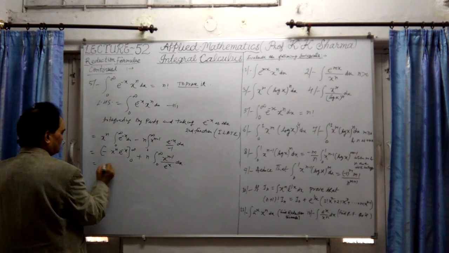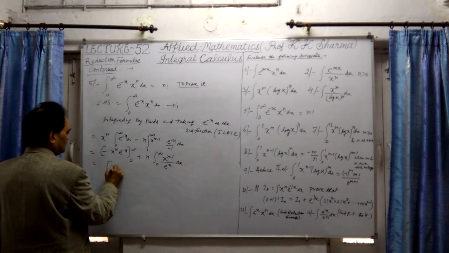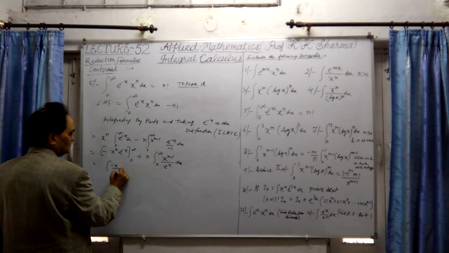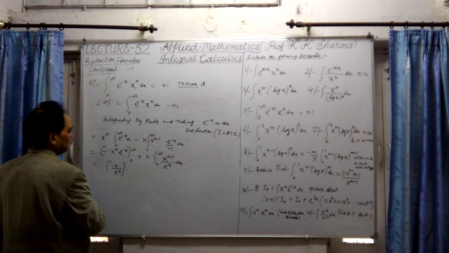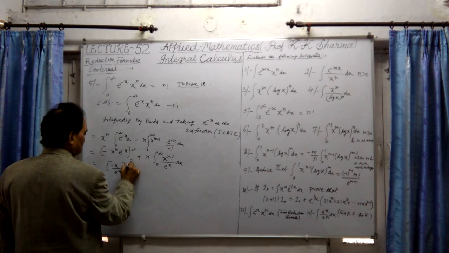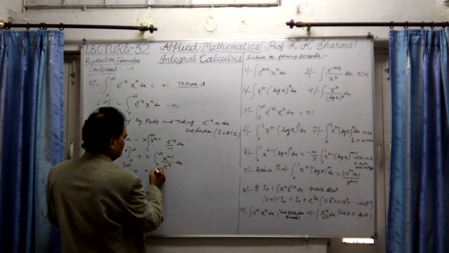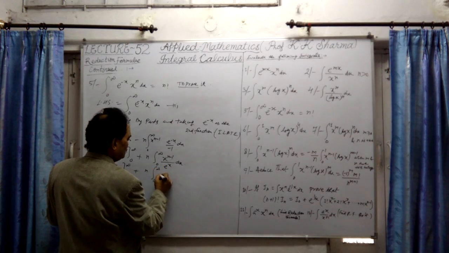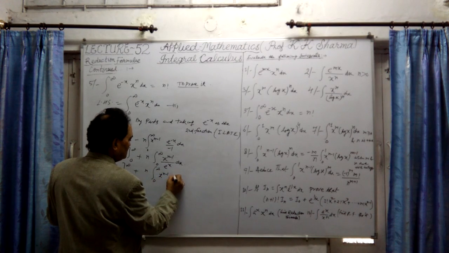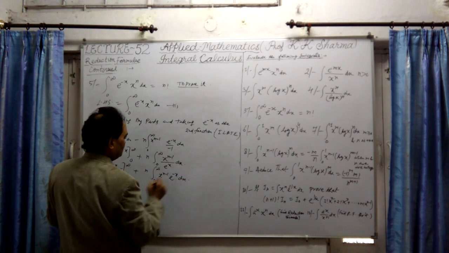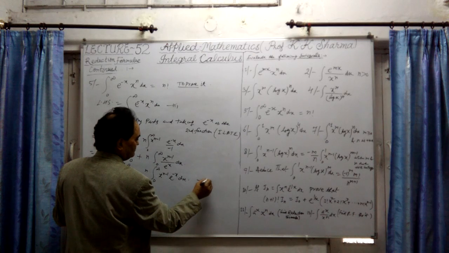Here we can also write it as minus x upon e raised to the power x, from 0 to infinity, plus n times the integral from 0 to infinity of x raised to the power n minus 1 e raised to the power minus x dx, the same function. This is the second function.